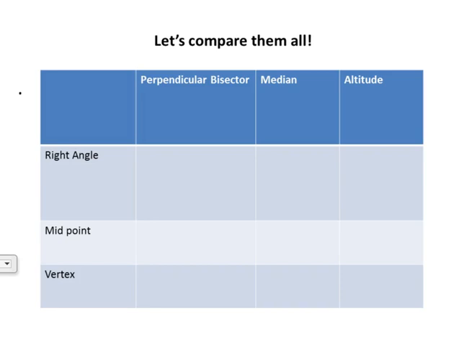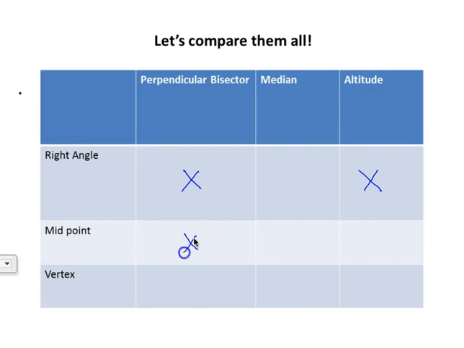So which of our 3 segments has a perpendicular bisector, or intersects the side at a right angle? Let's just compare them all. Perpendicular bisectors do, and so do altitudes. Altitudes and perpendicular bisectors have to intersect one of their sides at right angles. Which of our 3 segments has to intersect a side at a midpoint?